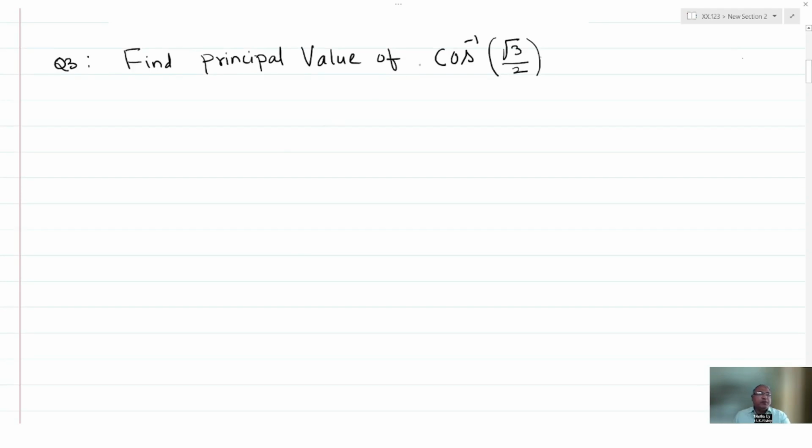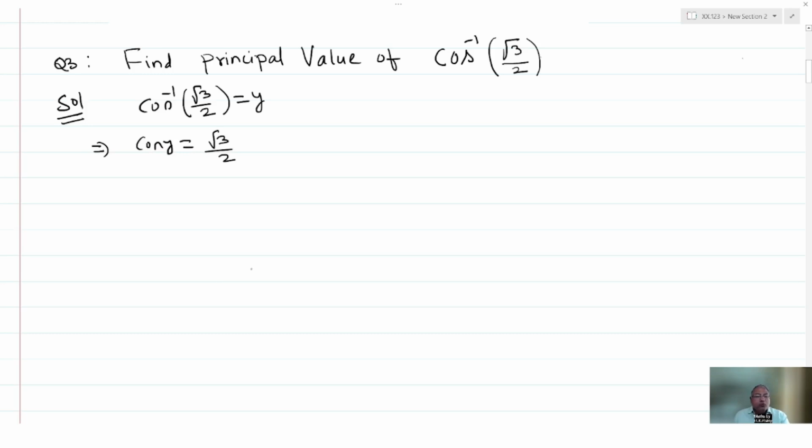Example 3. Find the principal value of cos inverse of root 3 by 2. Solution. First of all, we write down cos inverse of root 3 upon 2 equals y, which implies cos y equals root 3 upon 2.